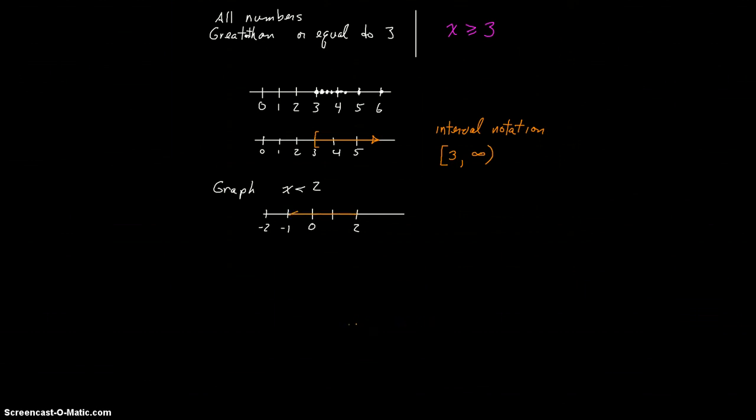So I'll draw a line to the left with an arrow. And often this line is a bold line because you don't have different colors. It sits right on the number line. It's not above it. It's sitting right there on the number line. Because I'm not including 2, I have an open parenthesis like that. Again, it opens towards the numbers I'm including.